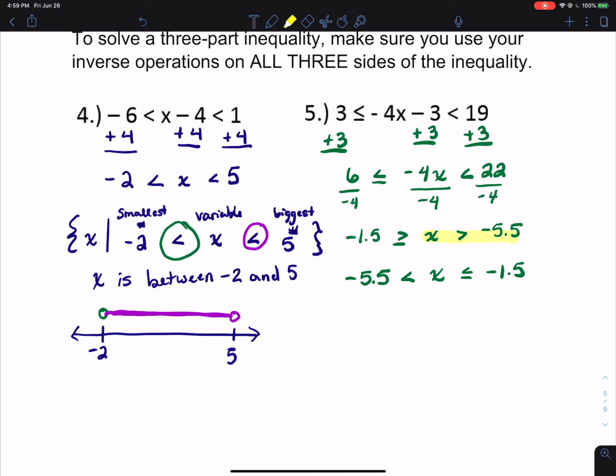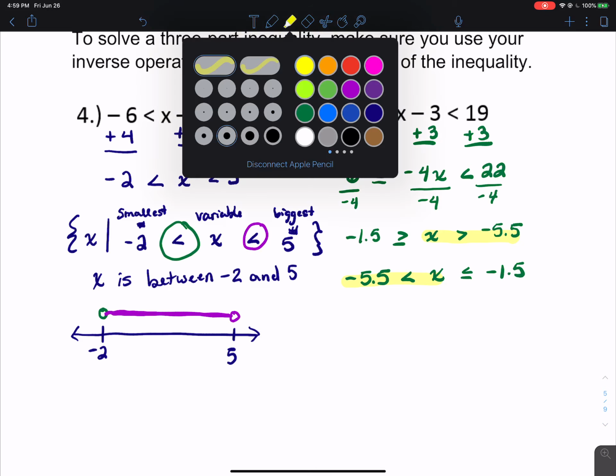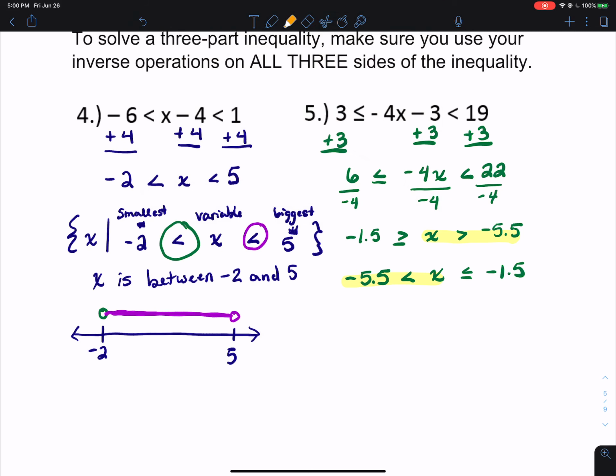You can kind of think about it in pieces. If we look at this piece, that inequality symbol is open towards the x. And that's not what I wanted. And here with this piece, that inequality symbol is still open towards the x. And the same thing happens here. Here, that inequality symbol is open towards my -1.5.